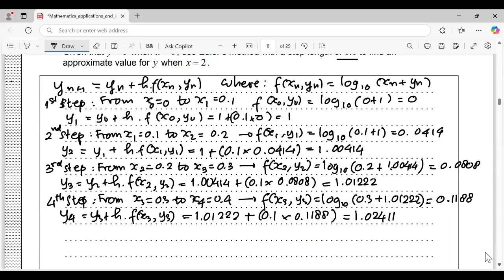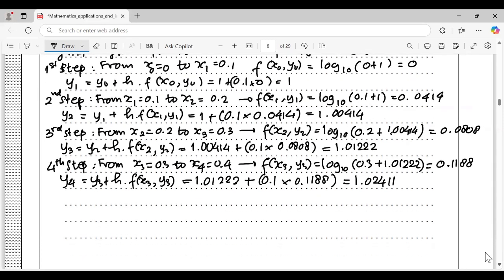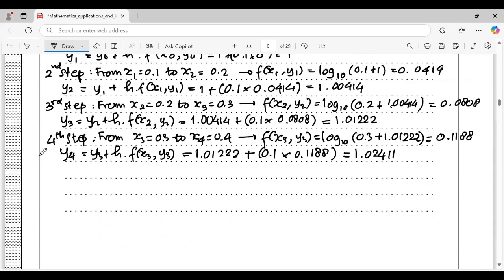Through the same method, you can determine y5 at the fifth step. The fifth step, y5 equals 1.03938.